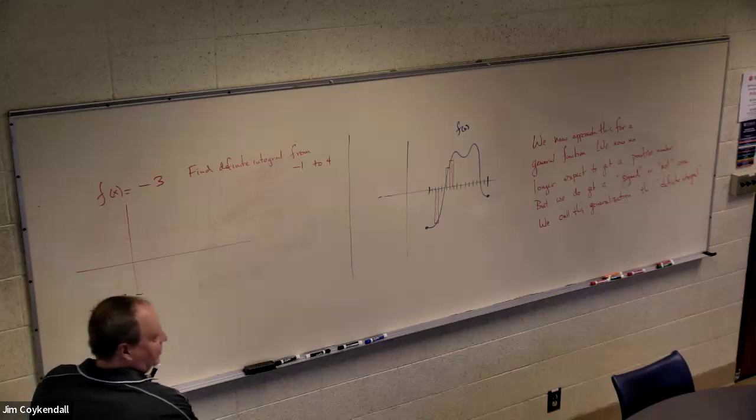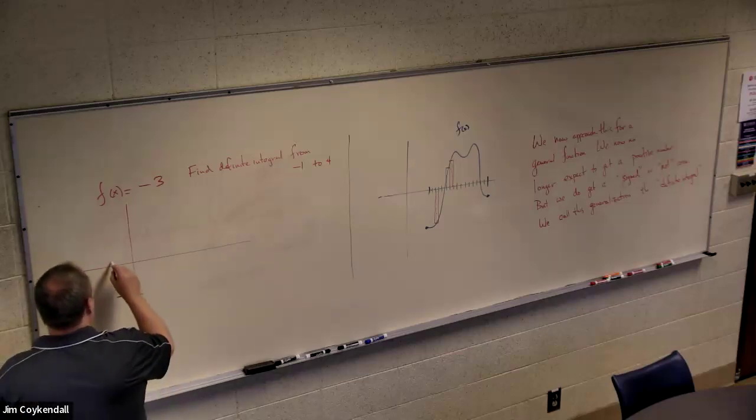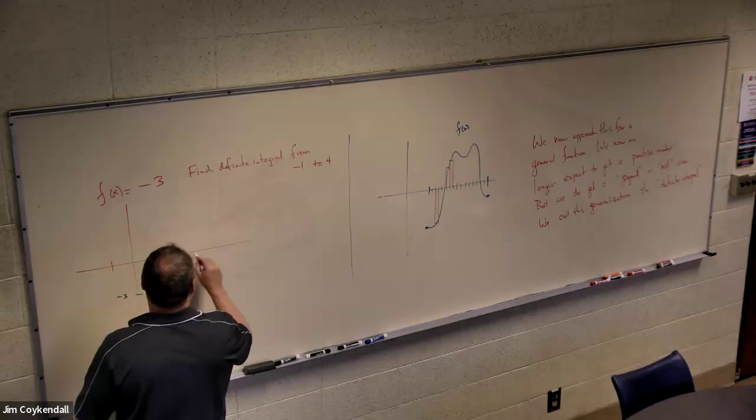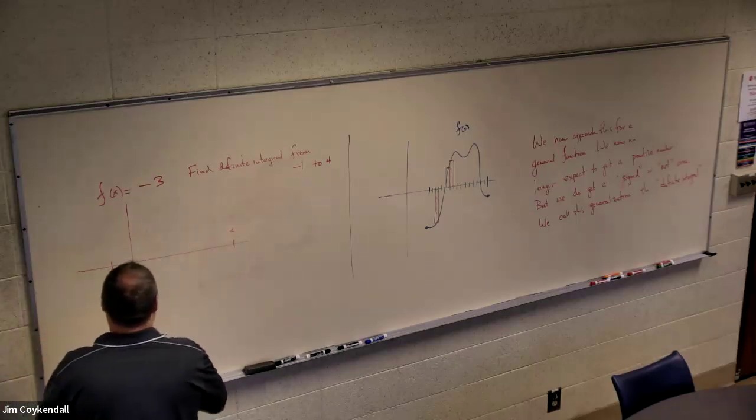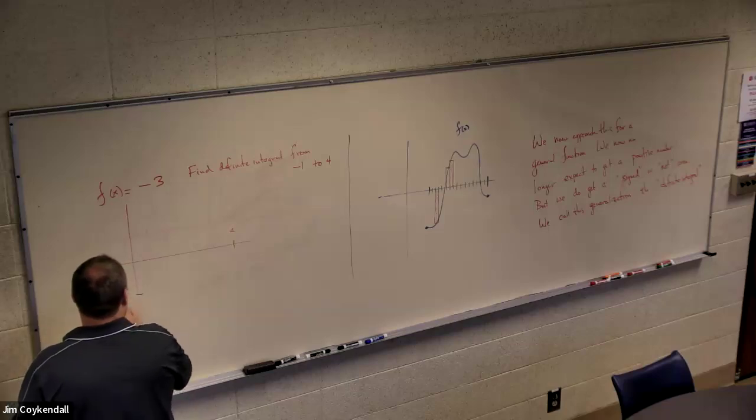Okay, so what does this function look like on the interval minus one to four? Well, it looks like a horizontal line.